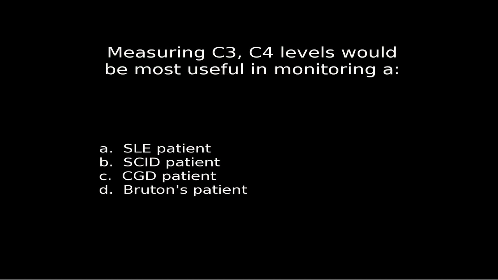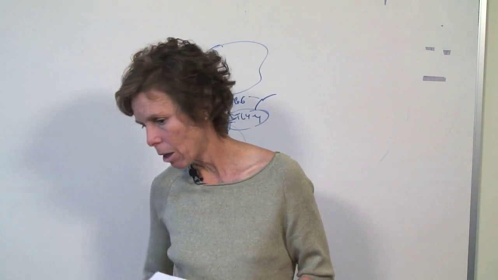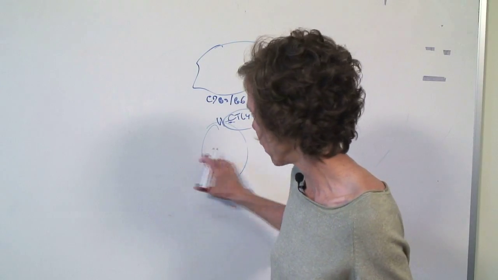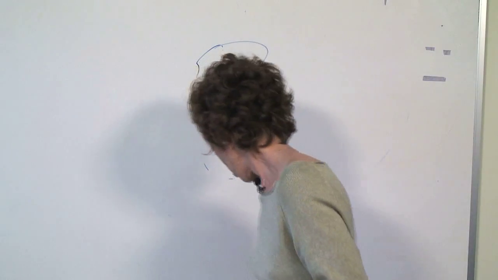Number 13, measuring C3, C4 levels would be most useful in monitoring what? So what the C3, C4 levels tell you is, are you using up the complement proteins? Because remember, those are complement proteins of the classical pathway.